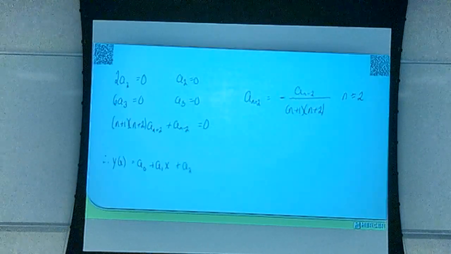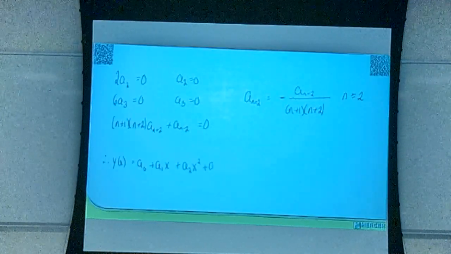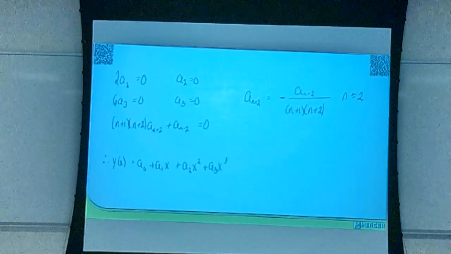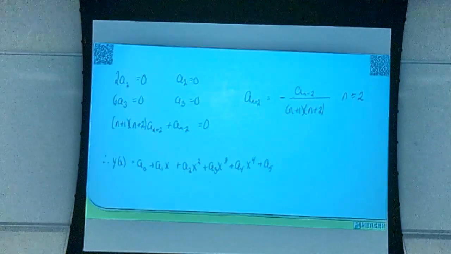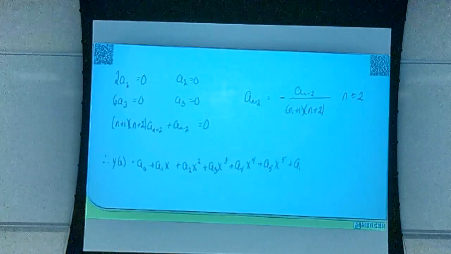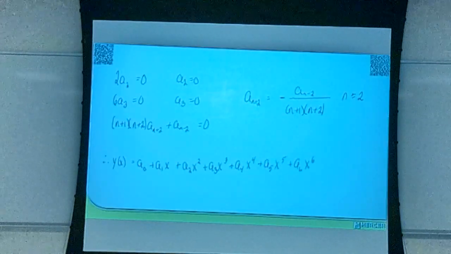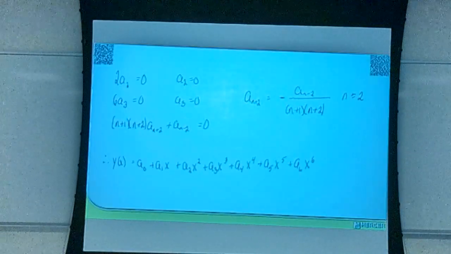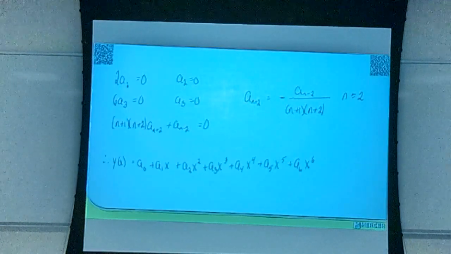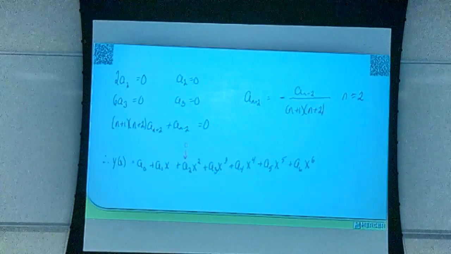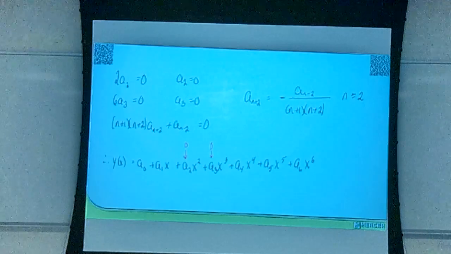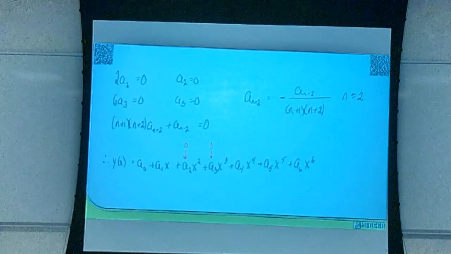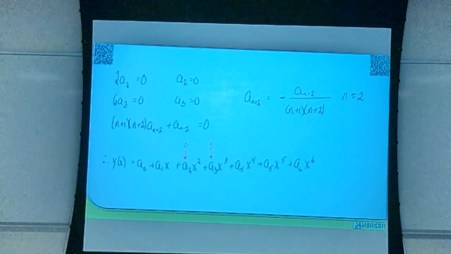I'll write them out for now, because that's what we want. Of course, that's 0. That's 0, so they just disappear. We're going to have to use the recurrence relation to find A4, A5, and A6.